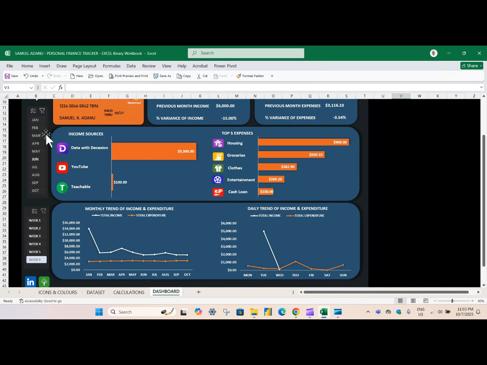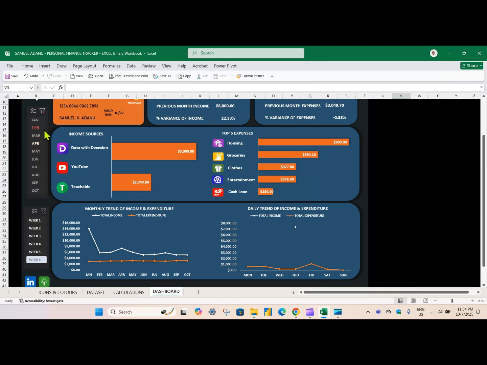So there was no need for me to connect the month slicer to the line chart to sort the monthly trend of income and expenditure. But the daily trend of income and expenditure is connected to the month slicer. So when I sort the data on a monthly basis, the daily trend charts of income and expenditure change to reflect the exact month for which I'm trying to sort data.